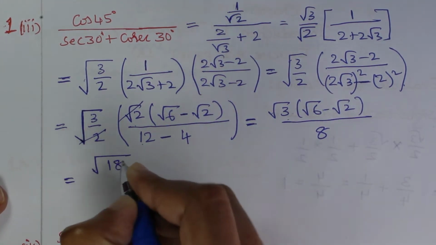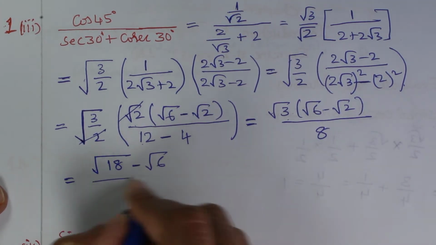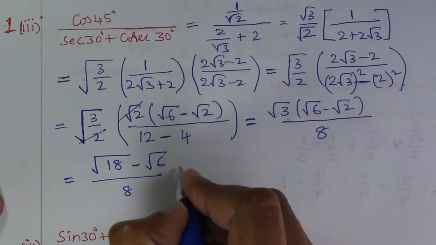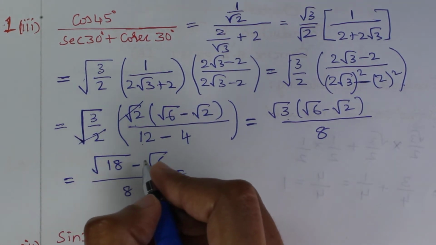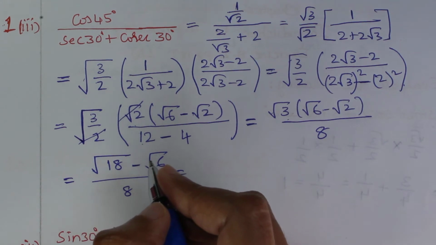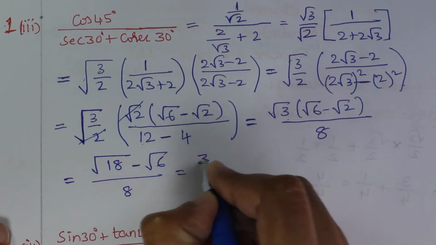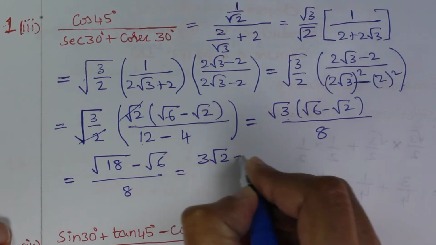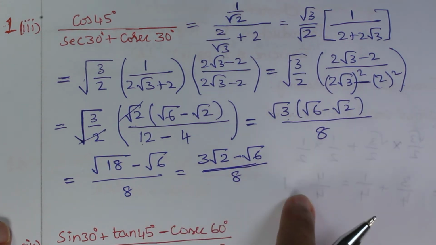Root 18 minus root 3 into root 2 is root 6, divided by 8. That is equal to root 18 can be written as square root of 9 into 2. Square root of 9 is 3. 3 root 2 minus root 6 divided by 8. So this is the answer for this problem.